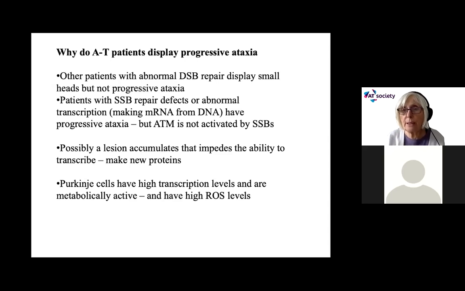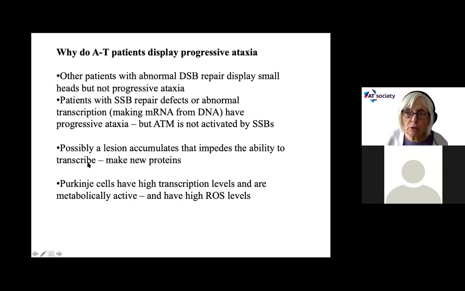But the conundrum is that ATM is not activated by a single-strand break. And remember, that means a break in one of those strands. So the potential explanations are that there's a lesion that accumulates because ATM is not helping to deal with it, that impedes the ability to transcribe.